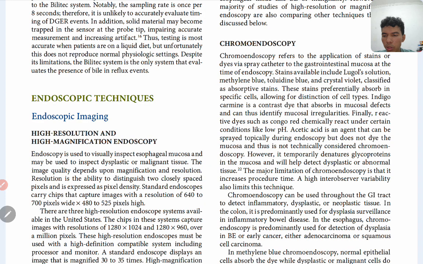Standard endoscopes carry chips that capture images with resolution of 640 to 700 pixels wide, and 480 to 525 pixels high.